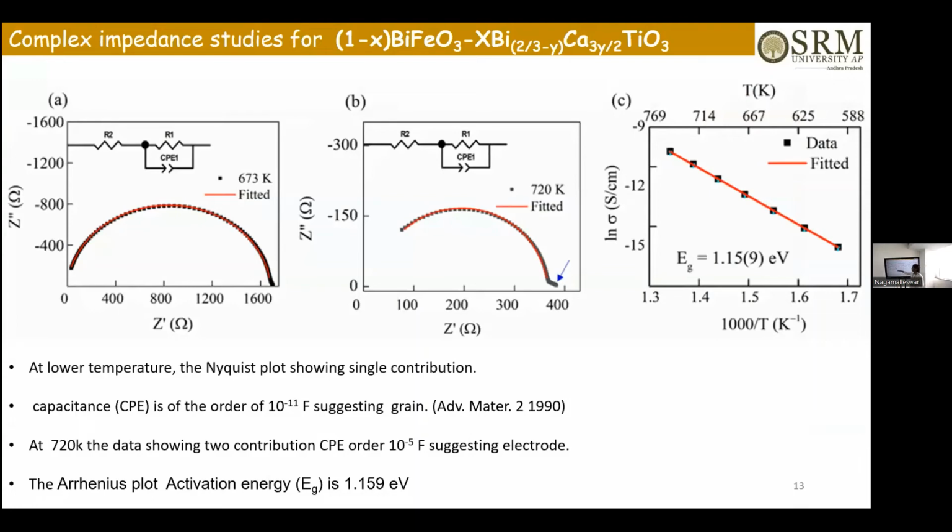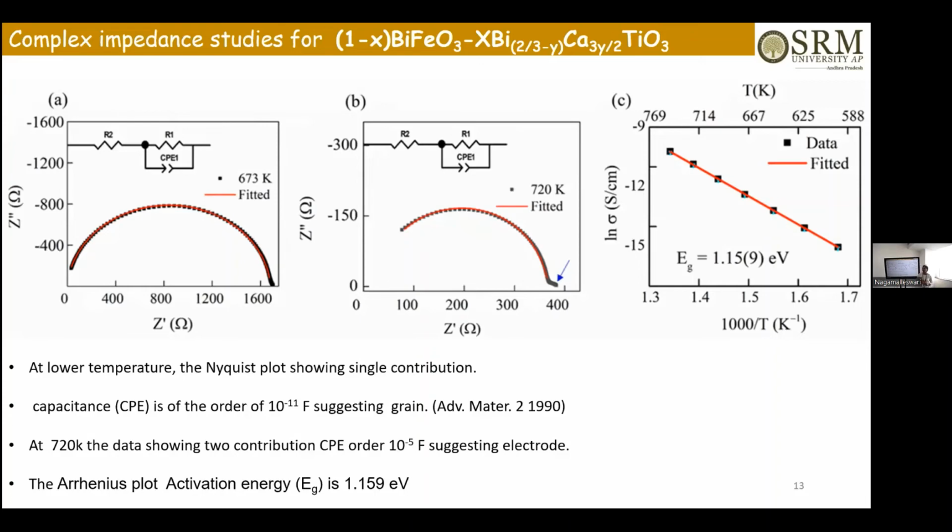As we can see, at low temperature the composition shows a single semicircle, and it tells us the capacitance of the material is 10 to the power of minus 11 farad, meaning it is a grain response. Further, as we increase the temperature, we see two semicircles, meaning two contributions are there.